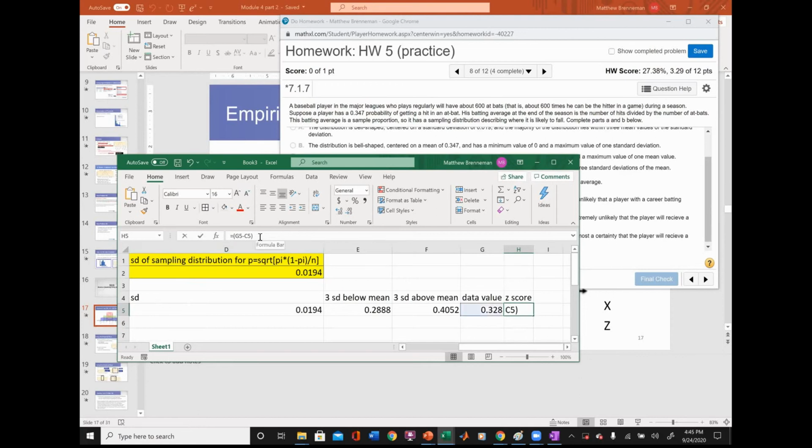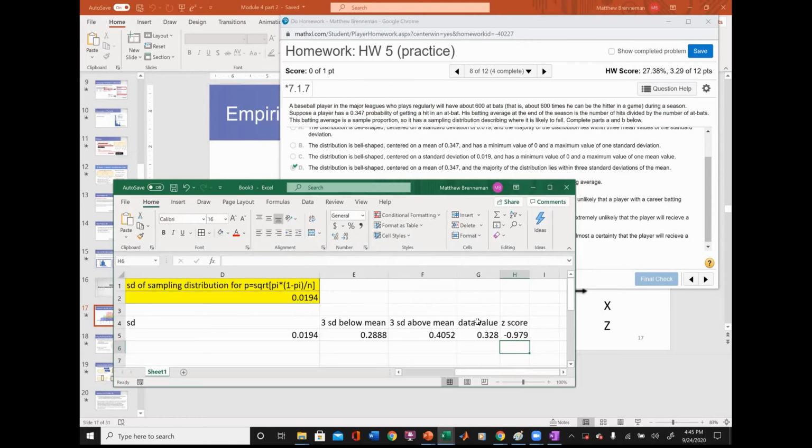Oh, I didn't divide by yet. Somehow that got erased. Standard deviation. And it's about 1 z-score below, which tells me it's 1 standard deviation below, right? Z-score tells me how many standard deviations I am above or below the mean.